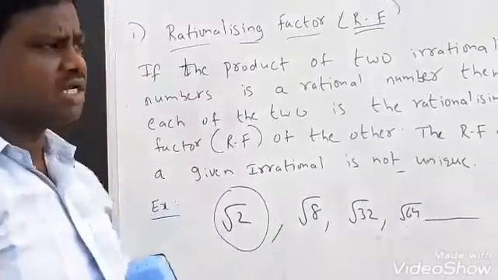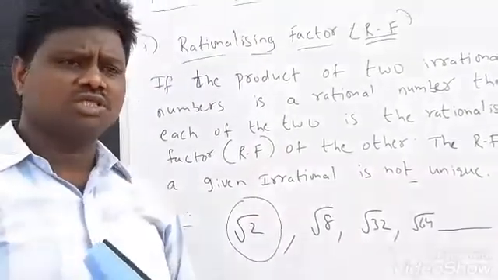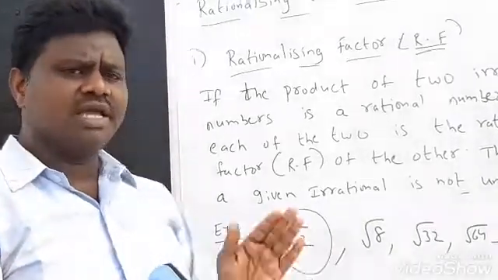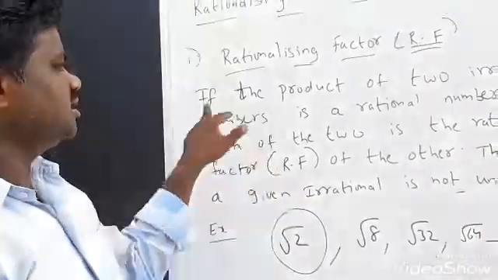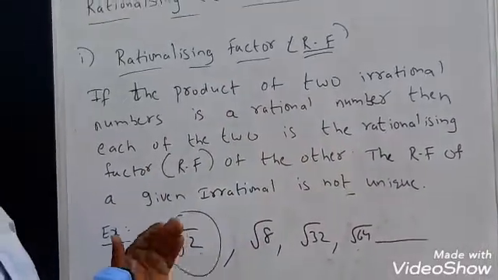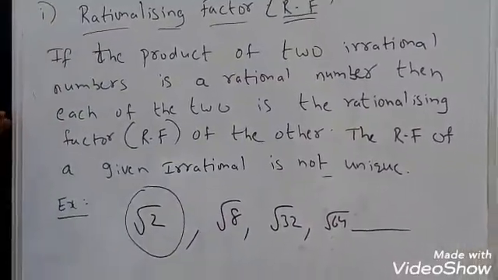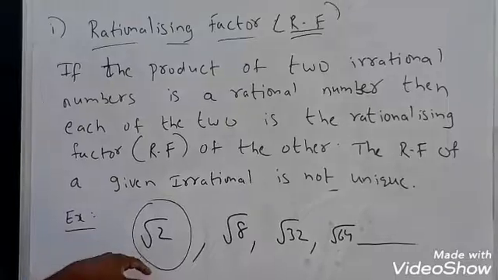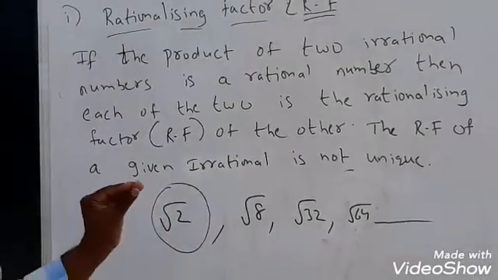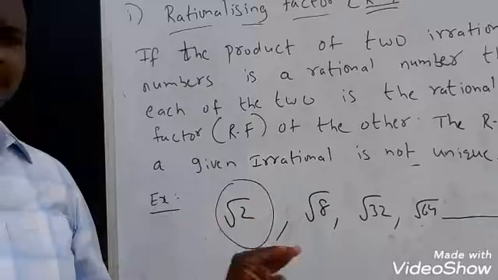So what is rationalizing? The rationalizing process is nothing but converting an irrational number into a rational number.